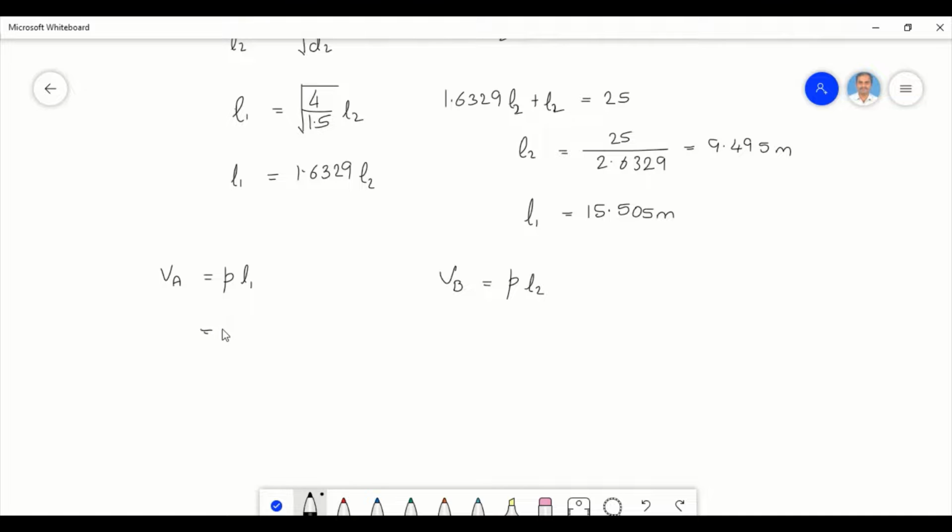So the value of VA is, the intensity of load is 10 and the L1 value is 15.505. So the value of VA is 155.05 kilonewtons. Similarly, for VB, the intensity value is 10 and the span L2 is 9.495. So the value of VB is 94.95 kilonewtons.